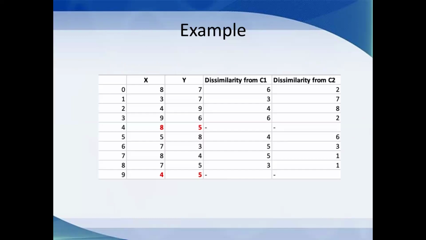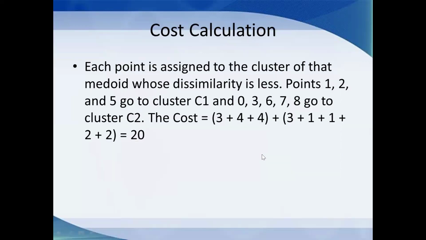After that, we tabulate the results. All the similar points will be grouped to the nearest Medoid. As a result, points 1 to 5 will be placed in the first cluster, and points 0, 3, 6, 7, and 8 will be members of the second cluster. Then we calculate the cost.